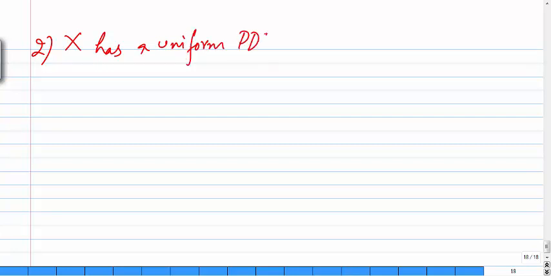Now the next part of the question asks us about X having a uniform PDF. For a uniform PDF, we know that X is a uniform (a, b) random variable.